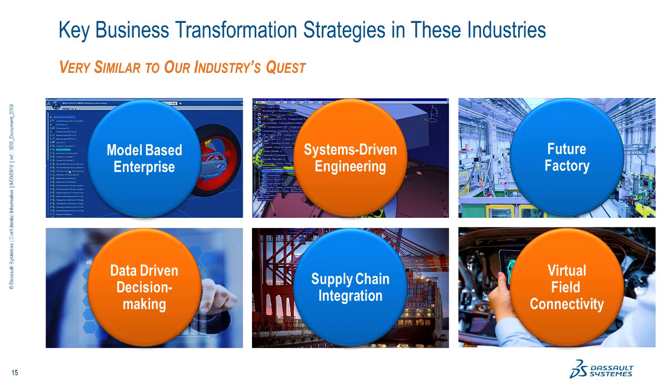their different locations, their different shops, and then identify where they could actually go with a future factory approach to make sure that they have well choreographed logistics when it comes to not only building their products, but also delivering their products. And the most important part is now the virtual field connectivity.